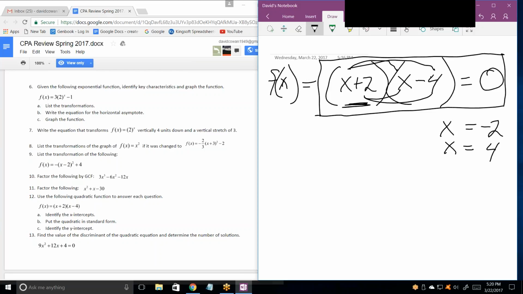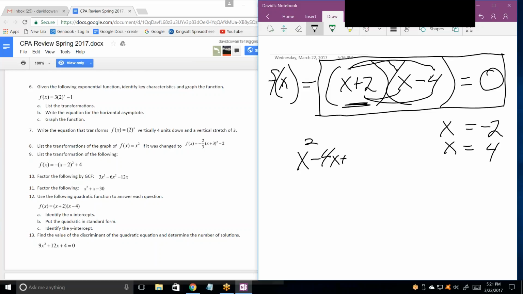What's x times x? X squared. What's x times -4? -4x. Keep going. You've done the F and the O of FOIL. Now do the I and the L. I is the inside terms.